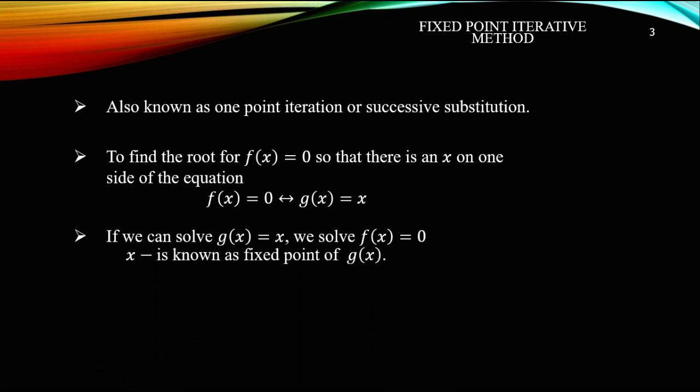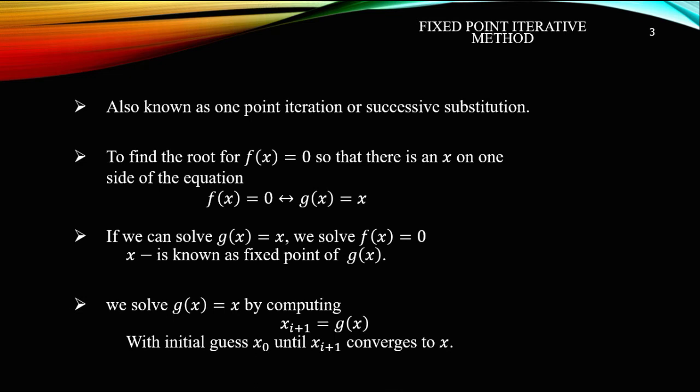If we can reduce the equation f of x is equal to 0 to g of x is equal to x, then through the fixed point iteration method, we can generate a scheme for those equations, and finally we get the result.